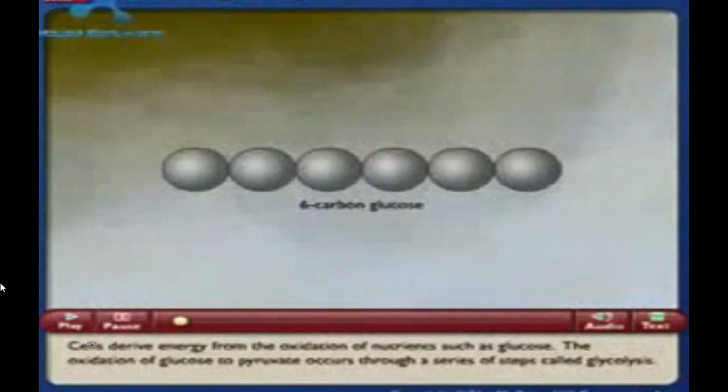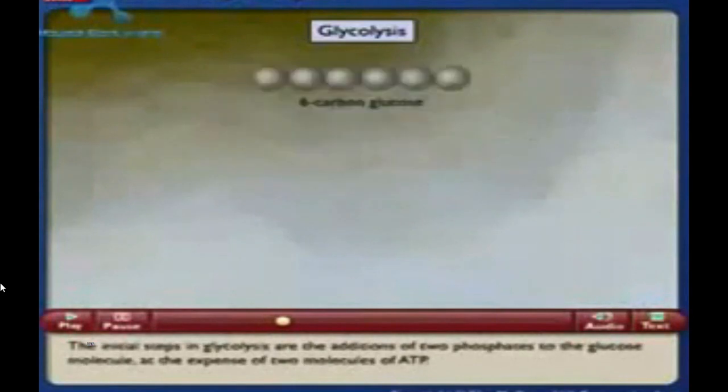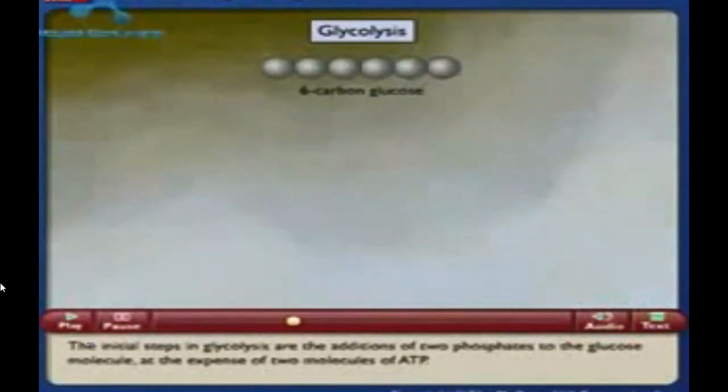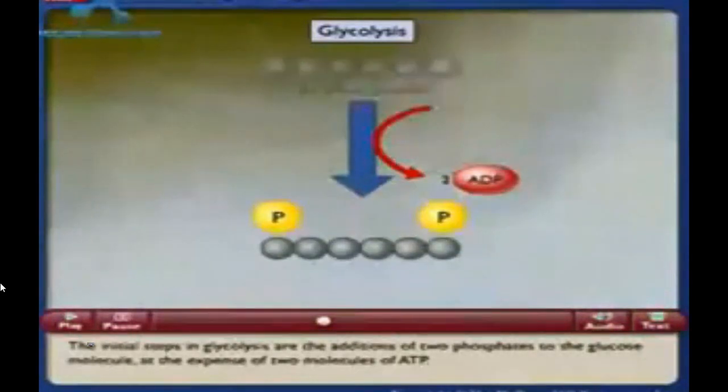Cells derive energy from the oxidation of nutrients such as glucose. The oxidation of glucose to pyruvate occurs through a series of steps called glycolysis. The energy released during these oxidation reactions is used to form adenosine triphosphate, ATP, the energy currency of the cell. The initial steps in glycolysis are the additions of 2 phosphates to the glucose molecule at the expense of 2 molecules of ATP.